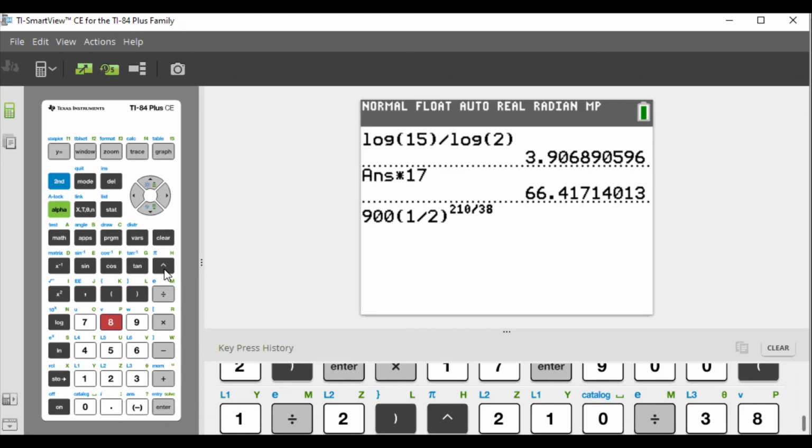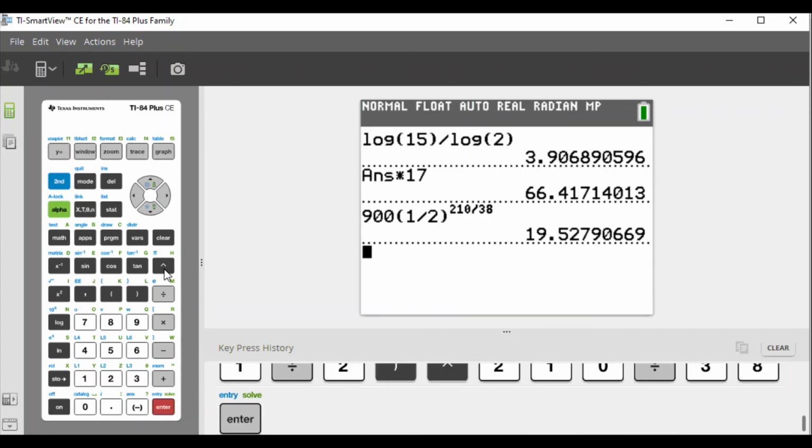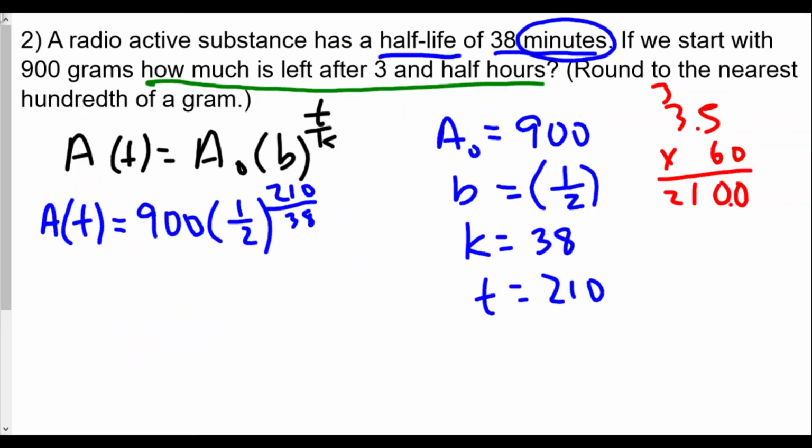And when we figure it all out, our calculator tells us we get 19.527 grams. And so that'll be 19.53 because we're going to be rounding off to the nearest hundredth of a gram. So that means our A of 210 is 19.53 grams.